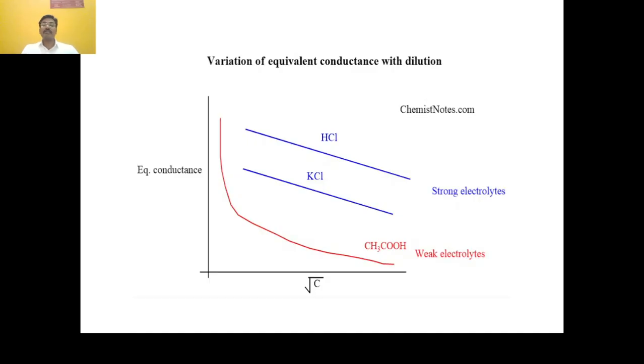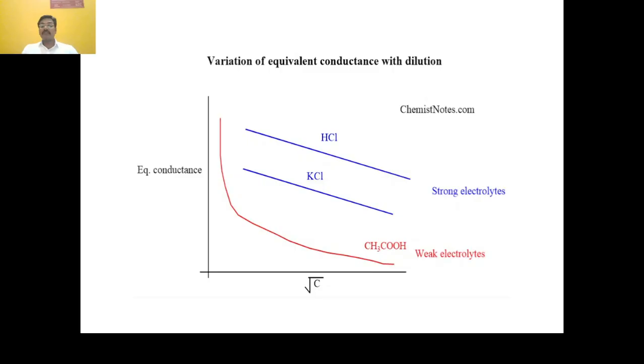See here, in the case of a strong electrolyte, as dilution increases, the equivalent conductance increases, or as the concentration increases, the equivalent conductance decreases. It increases with dilution due to the mobility of ions.